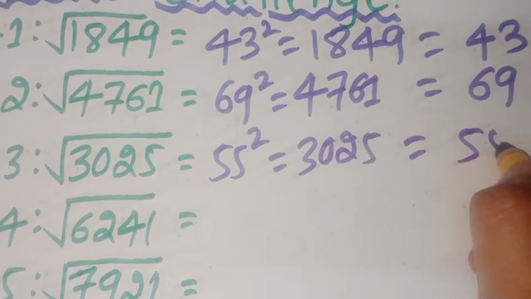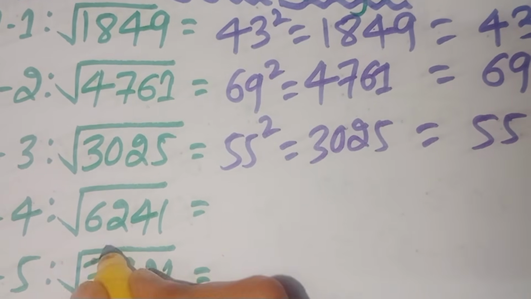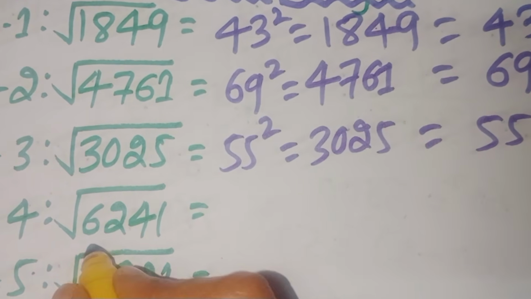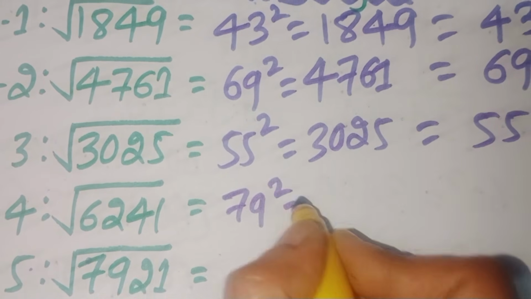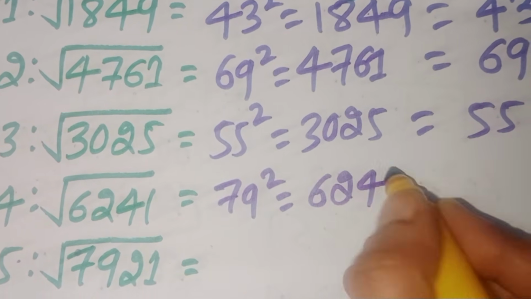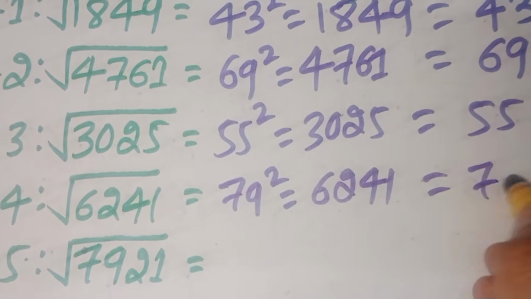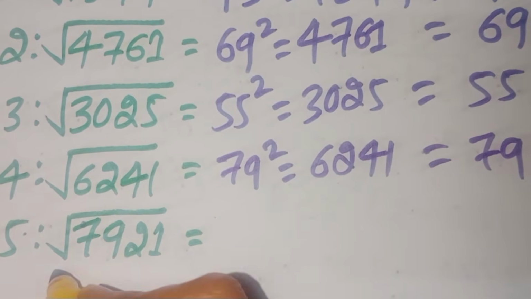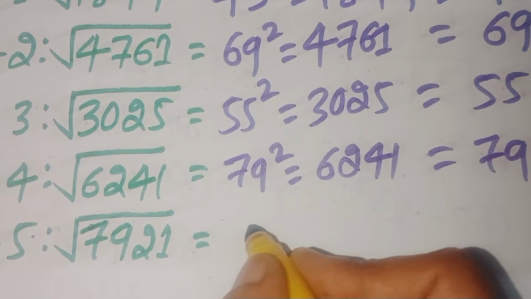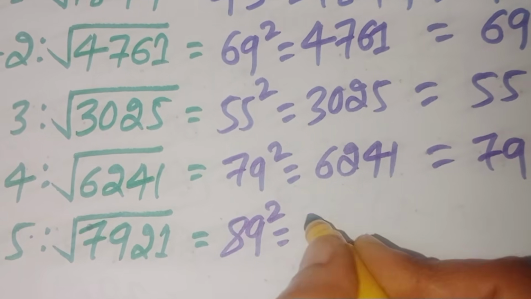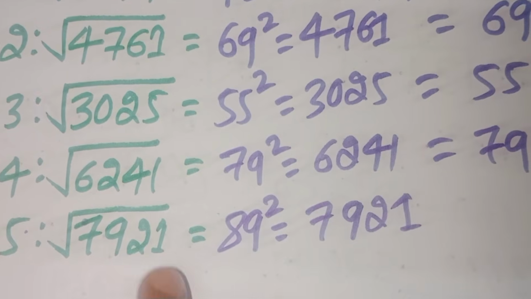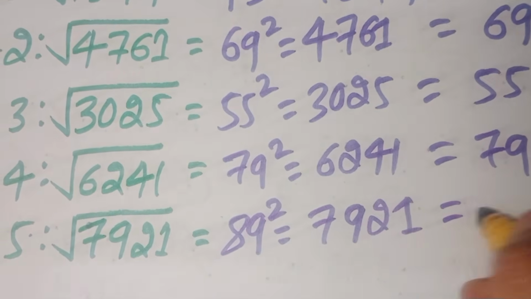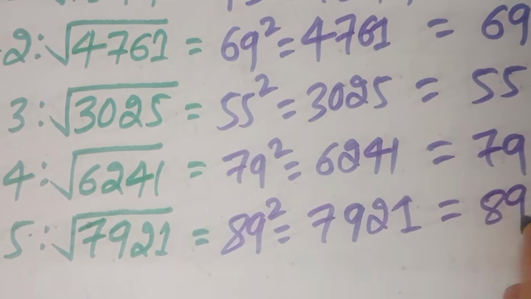So the answer is 55. Question 4, square root of 6241. 79 square is 6241. So the answer is 79. Question 5, square root of 7921. 89 square is 7921. So the answer is 89.